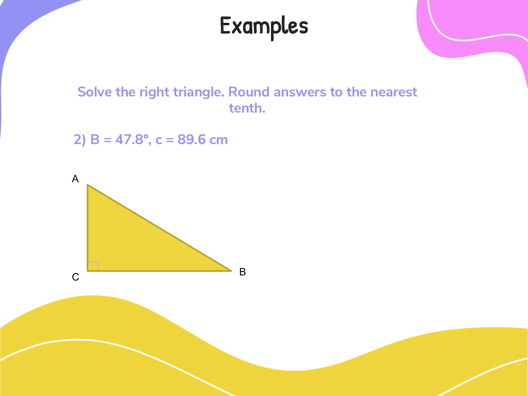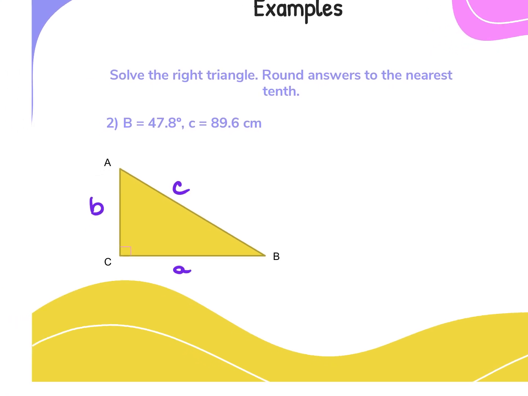Now, if you're not given a picture of a triangle, you can label it yourself. So again, the lowercase letter a will be across from angle A, lowercase b across from angle B, and C here as well. Now, whenever they give you one of the acute angles, to find the other one, angle A, all I have to do is 90 minus the 47.8.